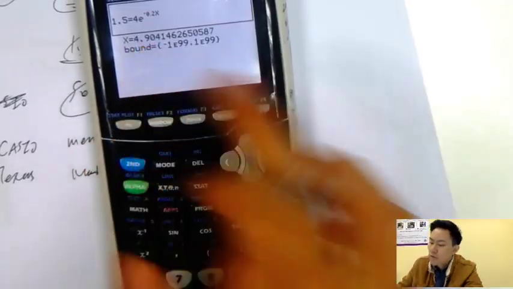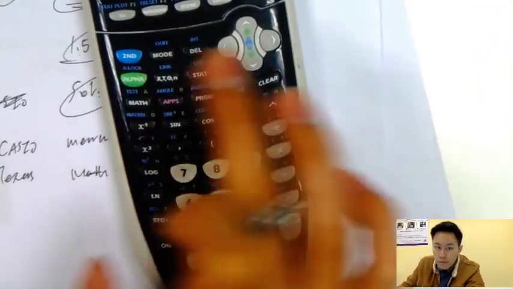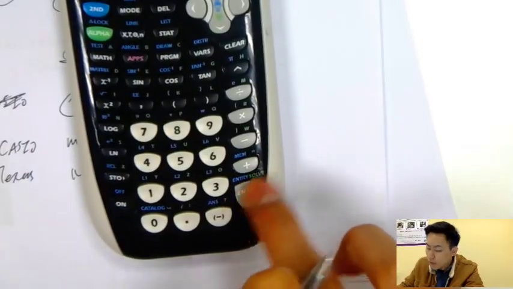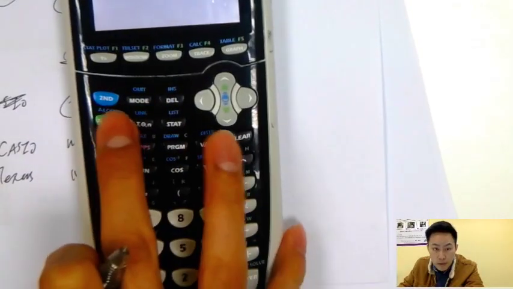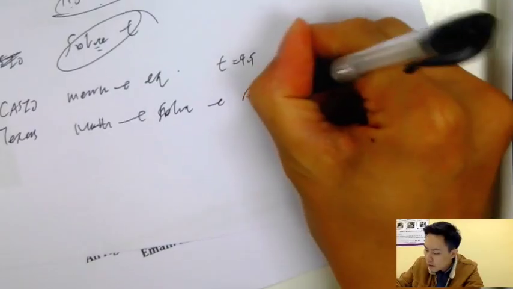So how do you get 4.9? You have to go alpha, and then enter, solve. Alpha means the green button. Then solve, and you get 4.9. So remember, after you type in solver, you have to go to alpha and then solve.